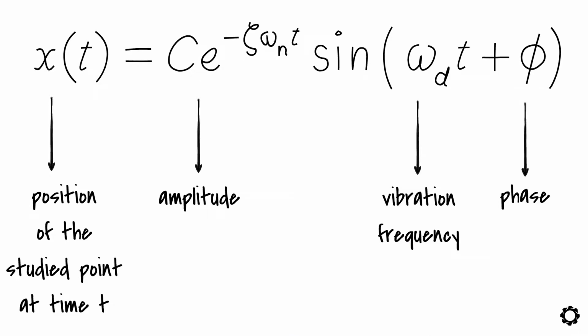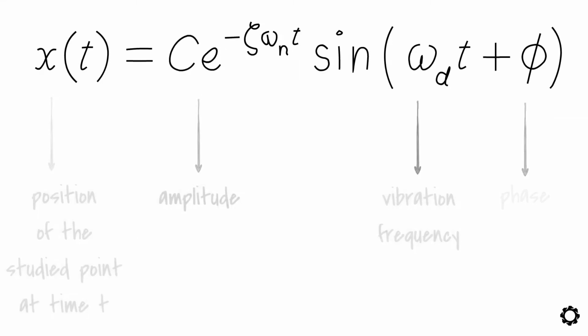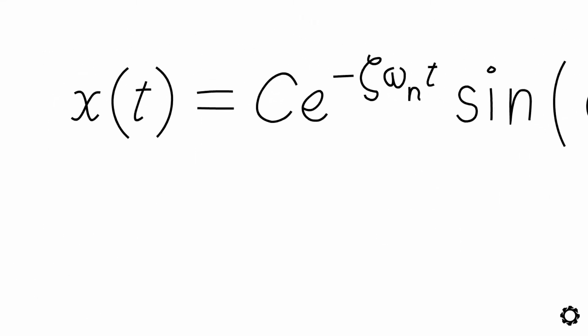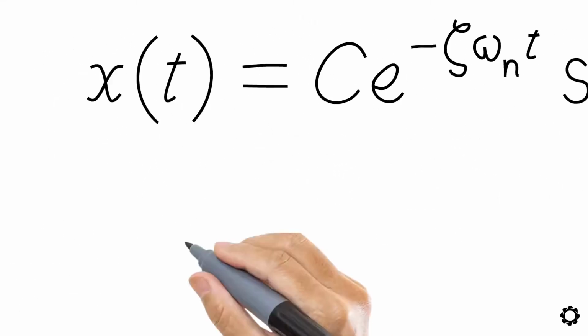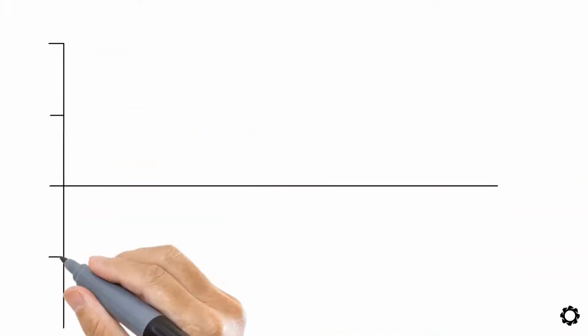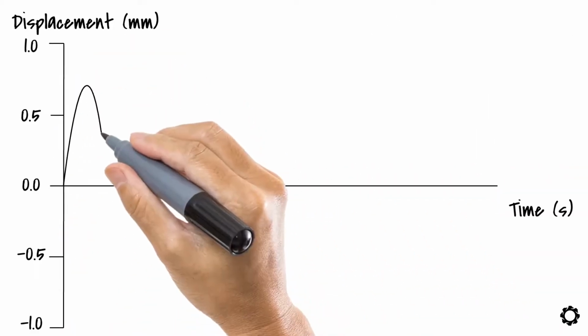The response looks quite similar to a system without damping, except for one key difference, the exponential part. The equation shows how the response decreases exponentially with increase in time, which gives the following envelope.